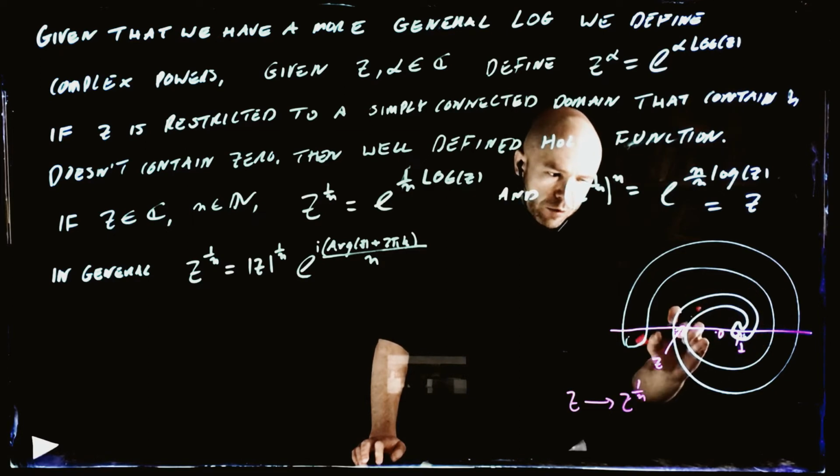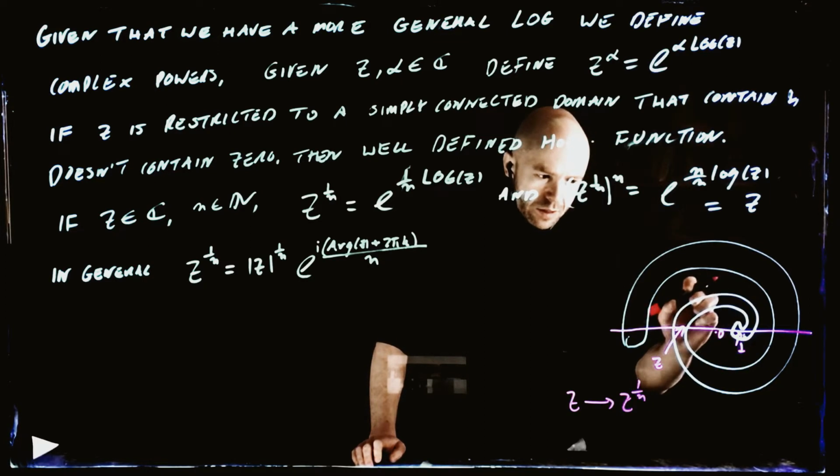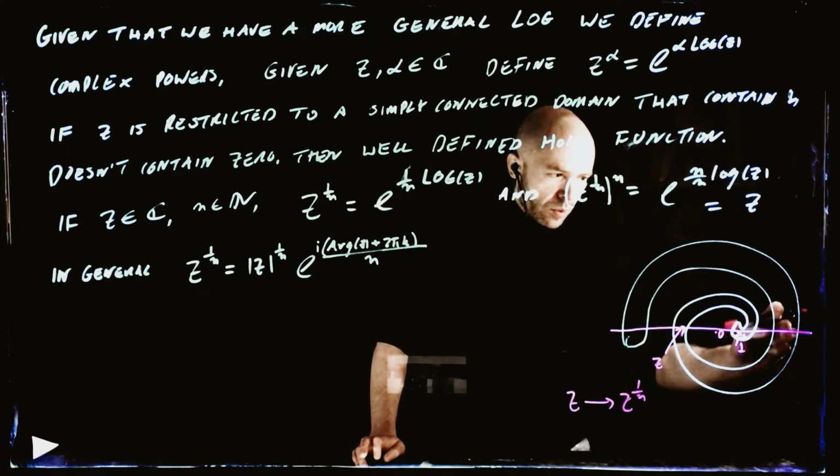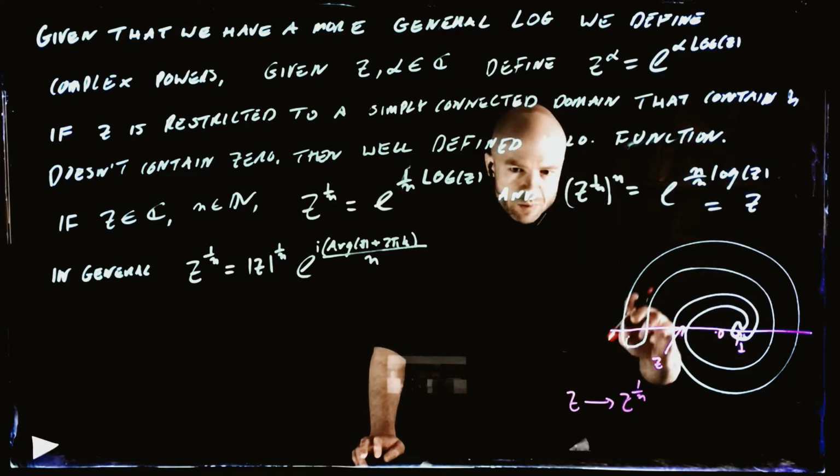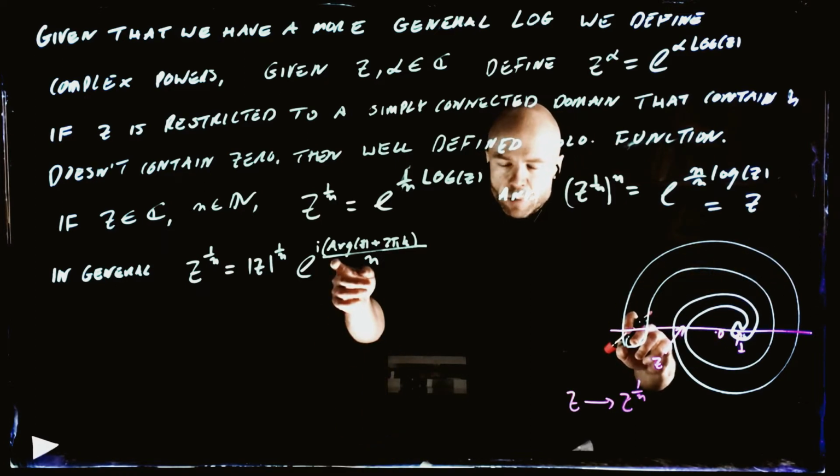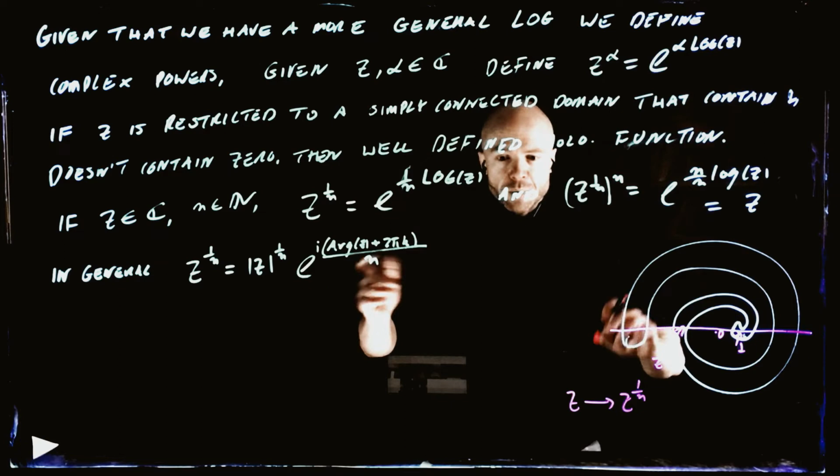And if we move a little bit down, the same thing happens. So we can just continuously choose this argument as we did before. So we go 0, pi plus something, 2 pi plus something, 3 pi. And what's happening here is we're taking that continuous choice of argument and just dividing it by n.